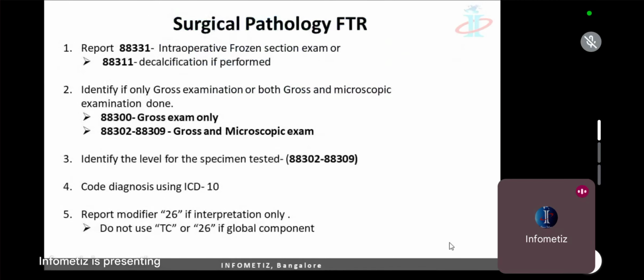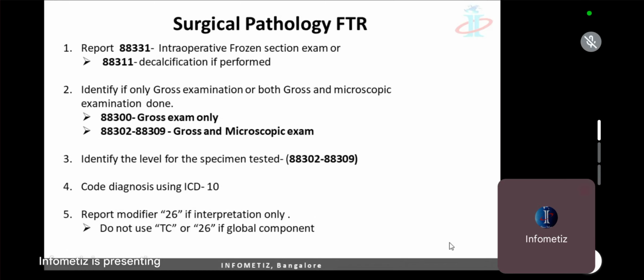Now let's see what we need to remember for this surgical pathology. First, check if your options have the 88311 or 88331 code. Check the 88311 code, which is an add-on code for decalcification.